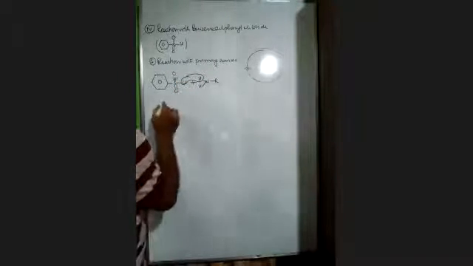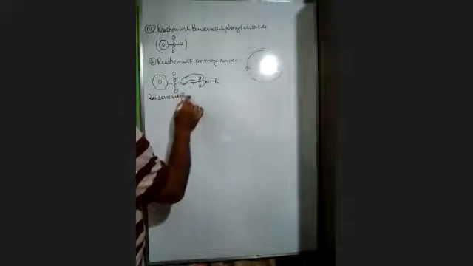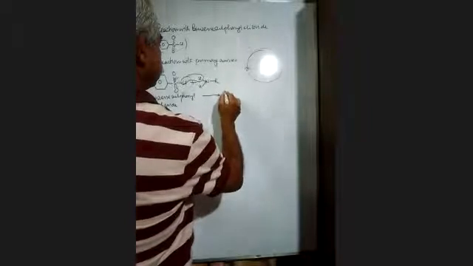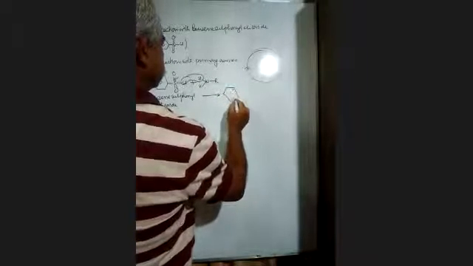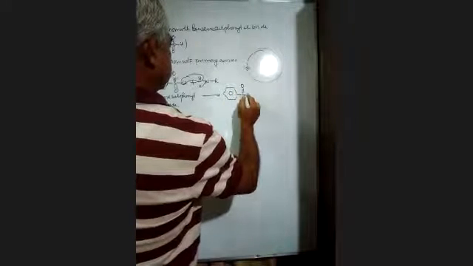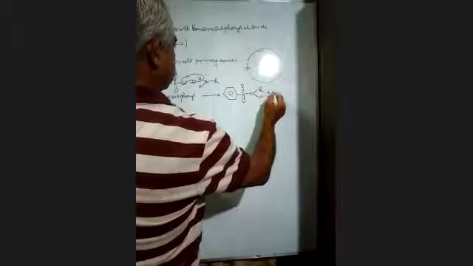What are you going to get here? When we react with acid chloride, we get amide.